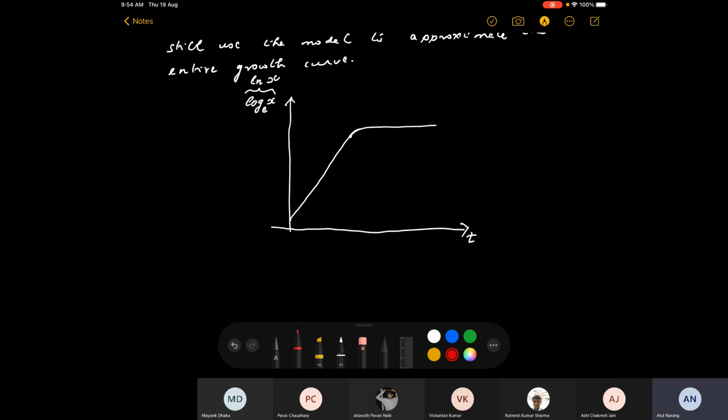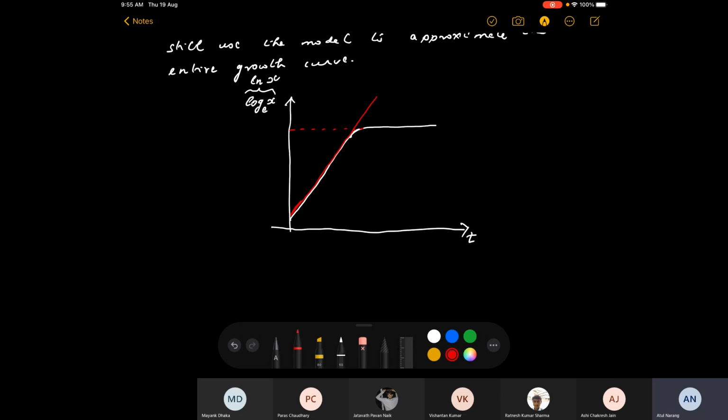Whereas the model that we have drawn, if I draw it in red, only goes like a straight line like that. Luckily for us, we can also estimate this maximum biomass level, which I am showing by a horizontal dashed line.